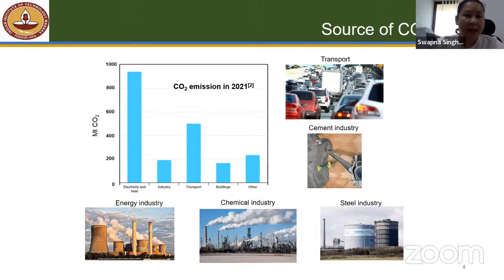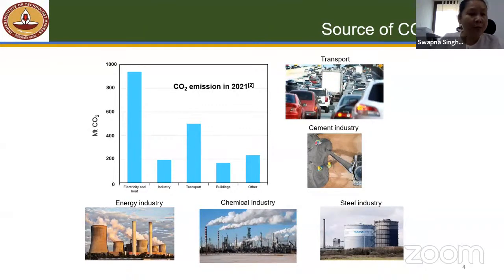Some carbon capture work has already been initiated and developed, but still, you can see there is a huge CO2 emission, which is because of electricity and heat. The source of most CO2 emission is electricity and heat, which means that most of our power and heat is coming from fossil fuel power plants, for example, coal and natural gas.